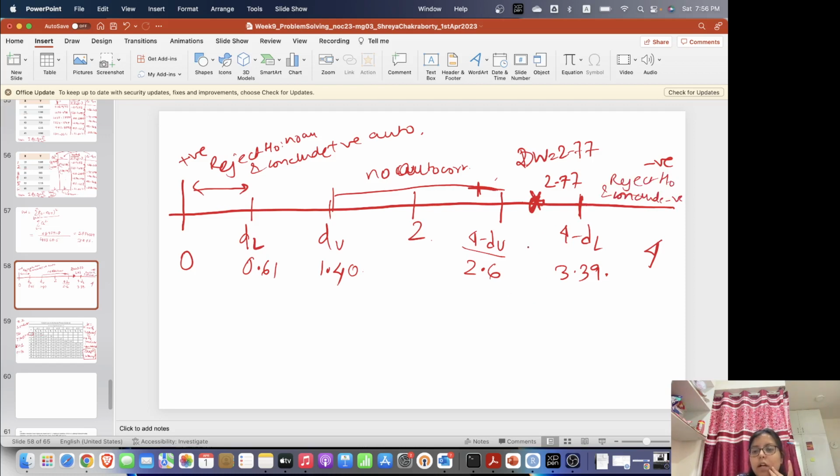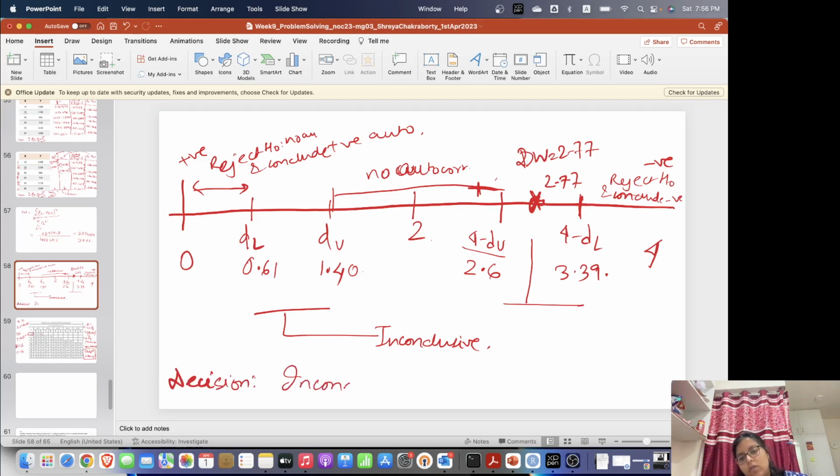This stretch and this stretch are inconclusive. Since our statistic, 2.77, is falling here, we don't know what to do. So our decision is inconclusive. We cannot reject or accept the null hypothesis.